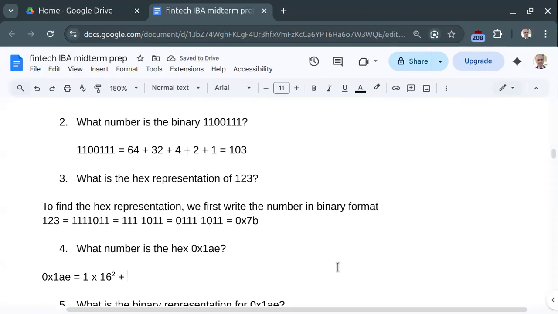Your next letter is A. We know A is a 10, right? A 10 times what power of 16 will that be? That's going to be 16 to the first, right? So it's just 16. 16 to the first power is equal to 16.